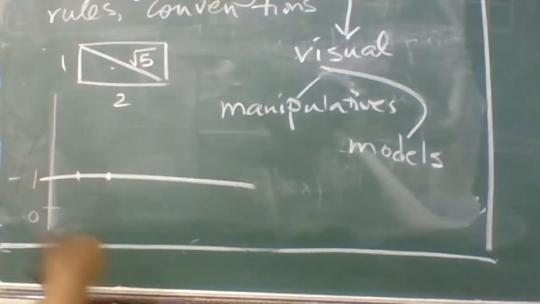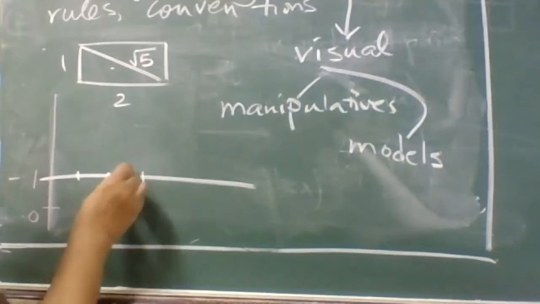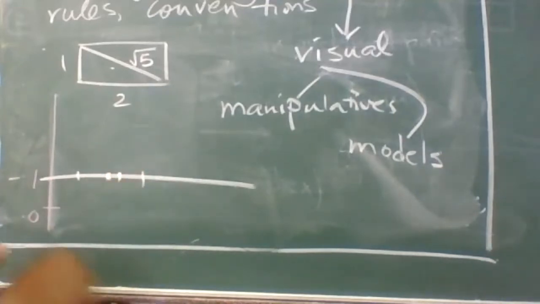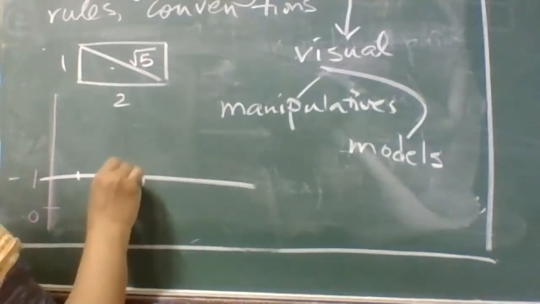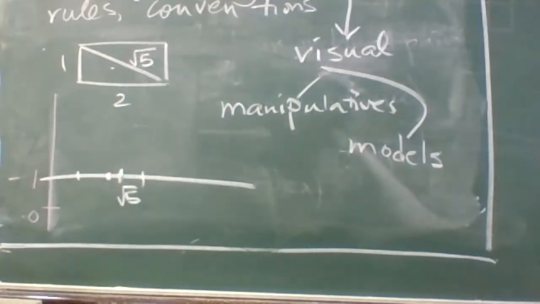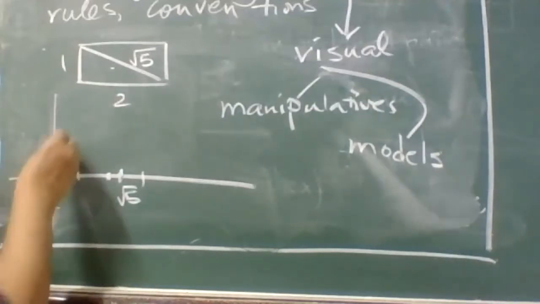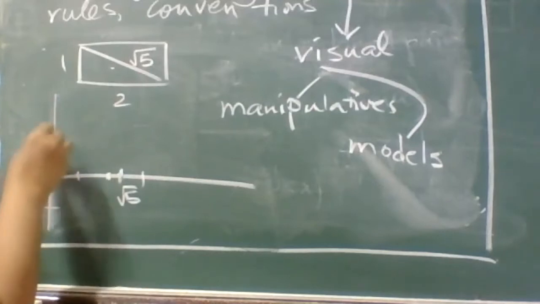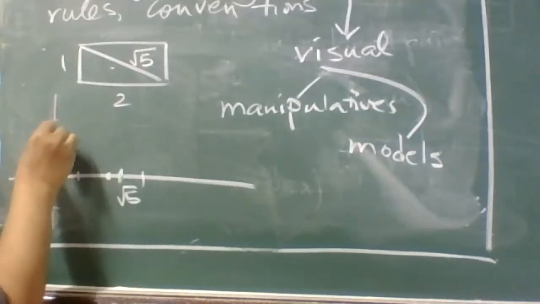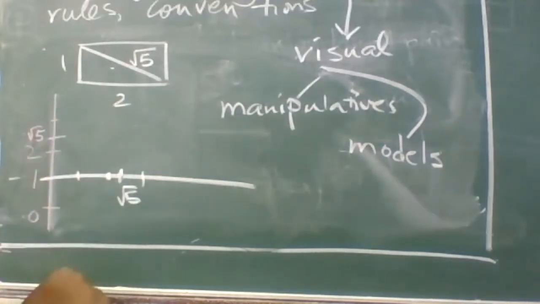It's more than root 4, which is 2, and less than root 9, which is 3. So it will be somewhere here. So this point is, let's say, root 5, and you want to multiply it with root 5. So this is 2, and somewhere here is root 5.